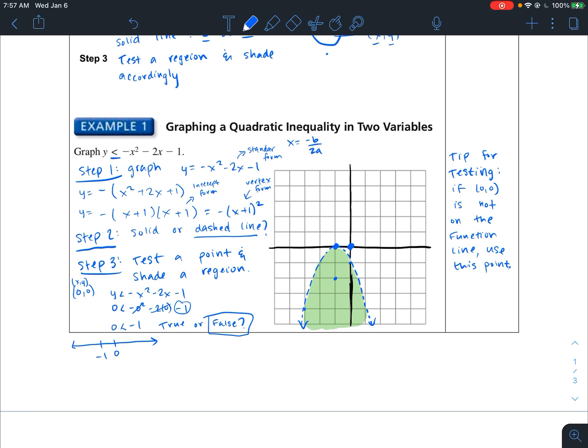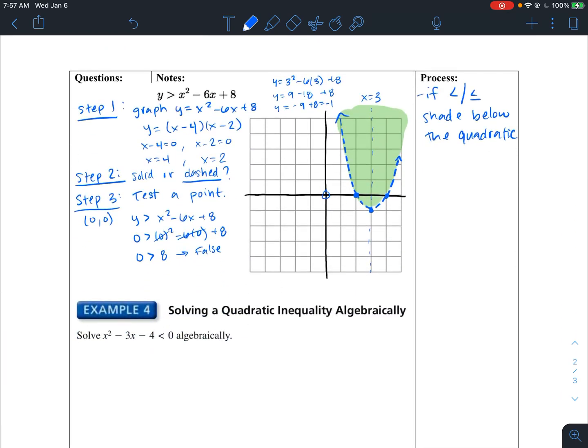The inequality says less than. So I can shade beneath it. And so this is a way to, instead of testing a point, testing is always good to double check, but it's also a shortcut that since it's less than, I know that I'm going to be shading beneath my graph.